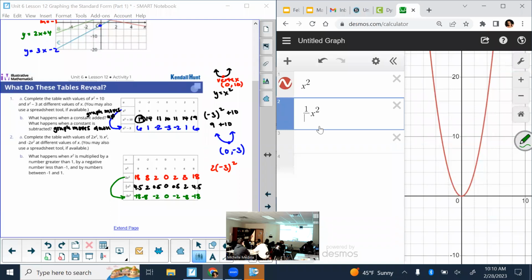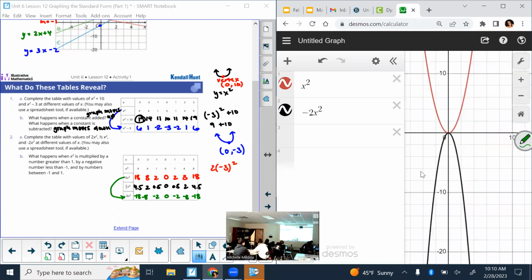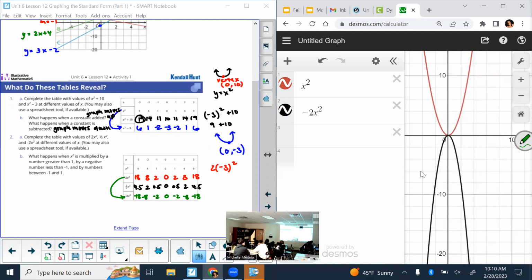Now see what happens when we multiply it by the -2. What changed about it? It is like a mirror. It's reflected over the x-axis. What else about that? Is it the same width still? It might be harder to see when it's flipped and not right on top of each other.